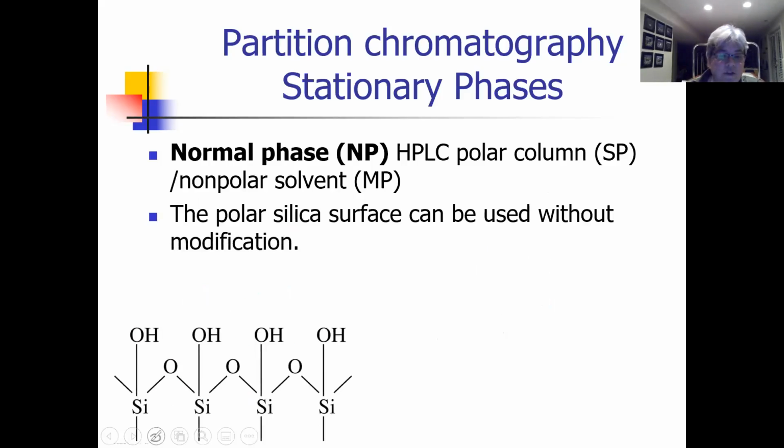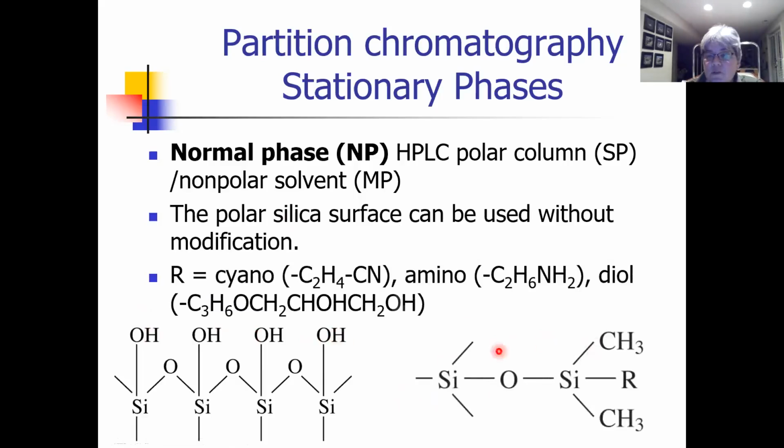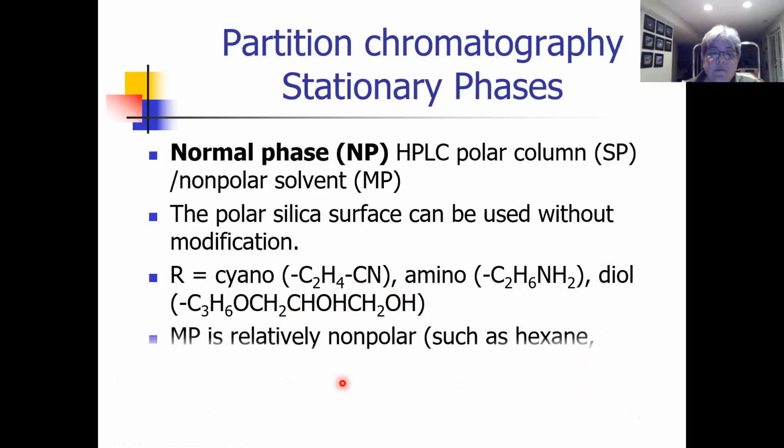Notice all these OH groups. This would be a very polar stationary phase. We can also use these siloxanes where this R group would be something like CN or a diol or NH2. All of these are polar. Okay, so stationary phase is polar, and the mobile phase is nonpolar.